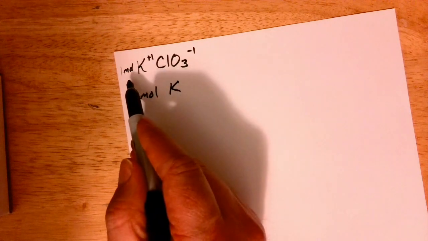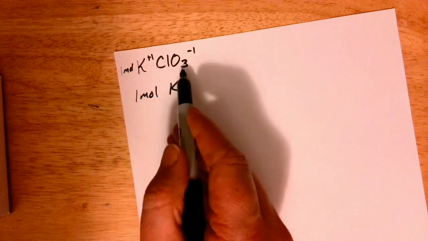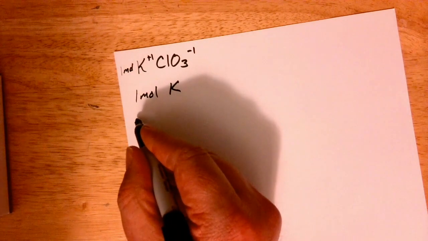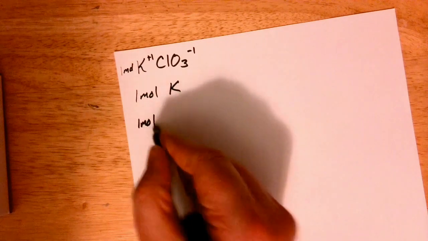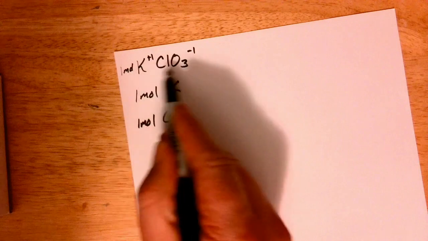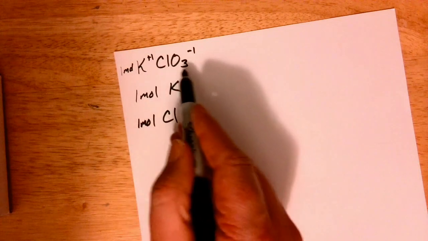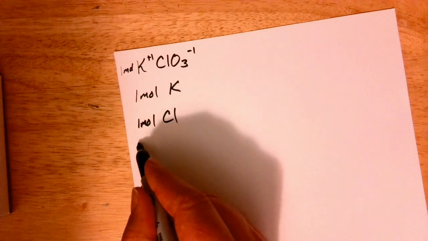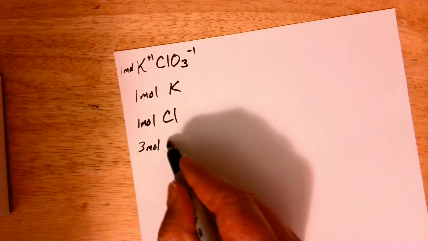Similar to 1 dozen potassium chlorate, I would have 1 dozen of the chlorines. In this case, I would have 1 mole of the chlorines. And if I have 1 mole of potassium chlorate, and every potassium chlorate has 3 oxygens, I'm going to have 3 moles of oxygen.